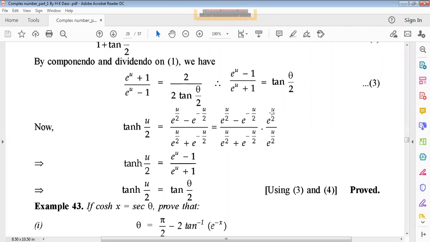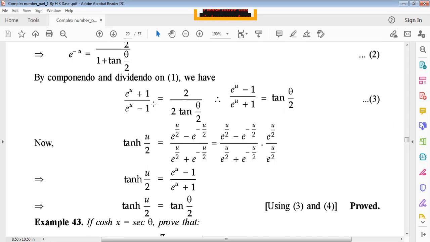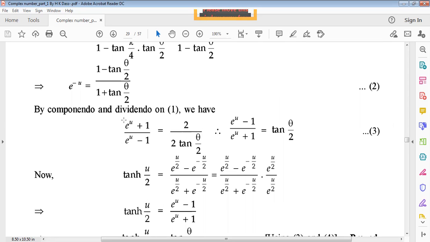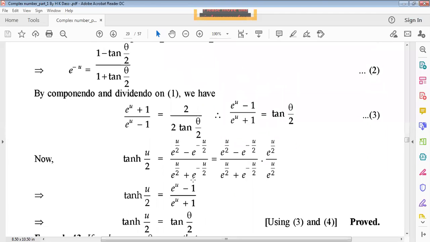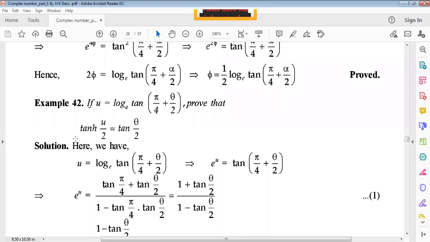And e to the power minus u by 2 into e to the power u by 2 is e to the power 0, which is 1. So numerator is e to the power u minus 1, and denominator is e to the power u plus 1, which equals tan theta by 2 by equation number 3. This is the proof of our given relationship.